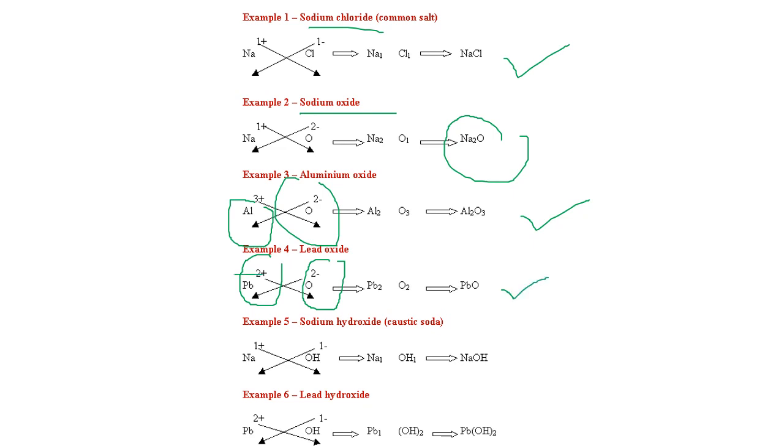Whenever there are two same valencies, they cancel to form one. Here there is only one and here also one, so NaOH. Here it is 2 plus and OH minus, so what you will get is Pb(OH) whole twice. So this is how, depending upon the valencies, we are able to produce these ionic compounds.